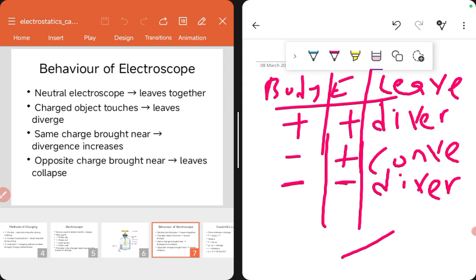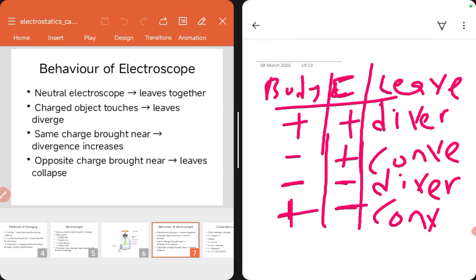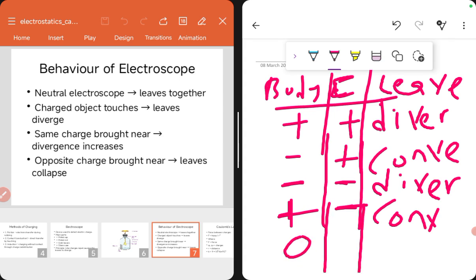Now, at the same time, if the electroscope is negative and this is positive, what happens? There will be a convergence, coming together, because they are opposite charges. Now, the issue is when you have an uncharged body. Let me call uncharged 0. If it is uncharged and here is positive, what happens?